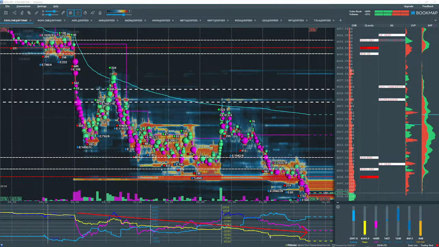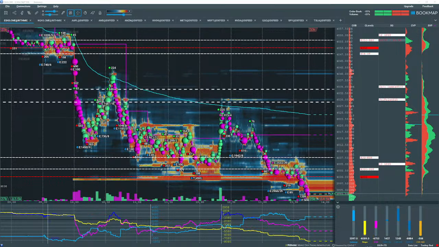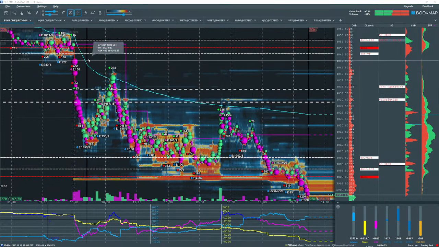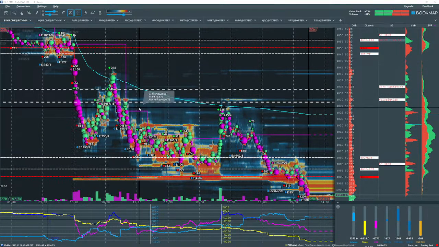Again, that's the sloping yellow line. And those are the sell stops right now, 8,290. Okay, so definitely a bearish day here in ES.